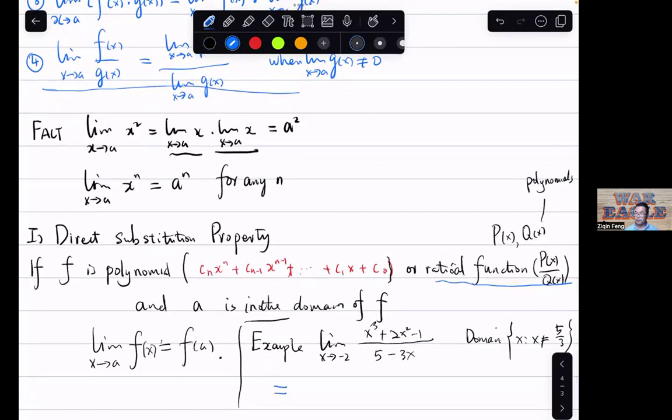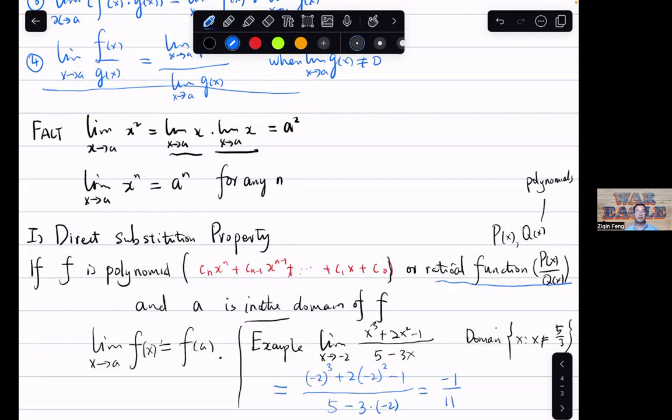So the answer should be -2 to the power 3 plus 2 times -2 to the power 2, then minus 1, over 5 minus 3 times -2. This is the limit of such a function. You can simplify that if you want, and this should be -1/11. That's the final answer.